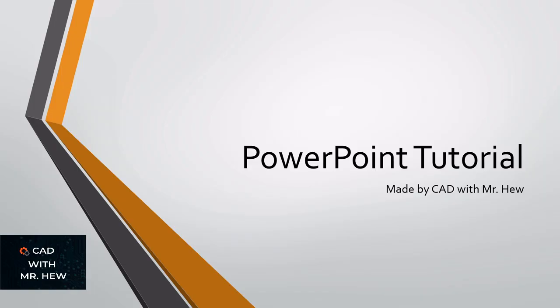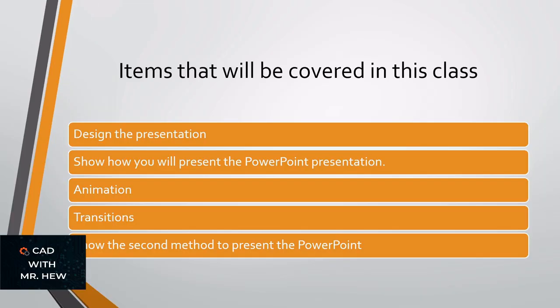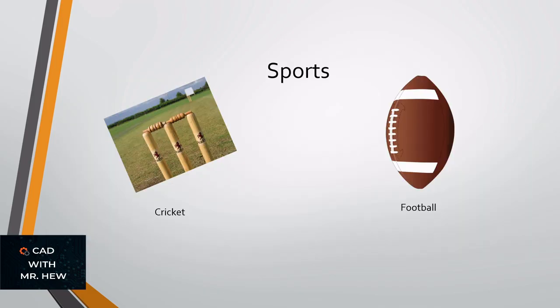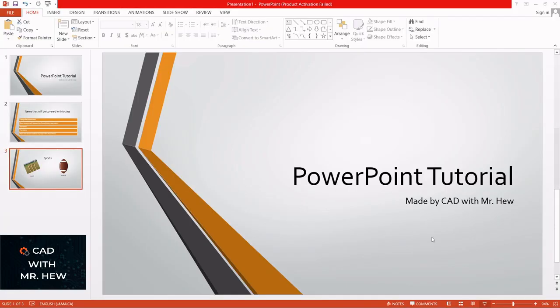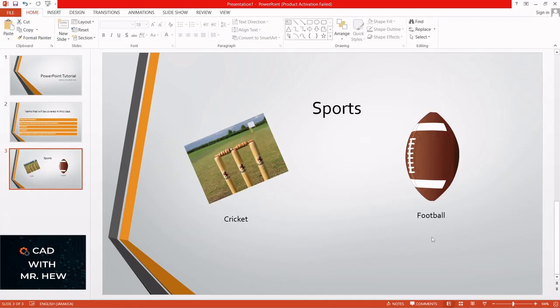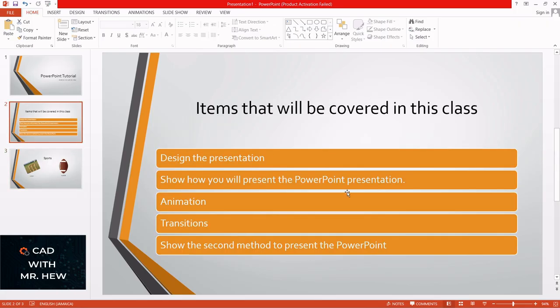I'm going to use my right arrow, right? So this is the second slide. This is the third slide. Now to come back to the original presentation where we made it, press escape and you'll come back right here. Okay? All right. So we have covered how to present the slideshow.